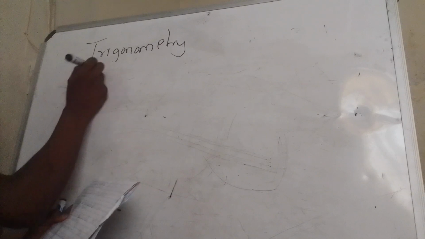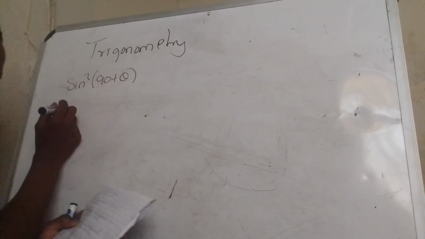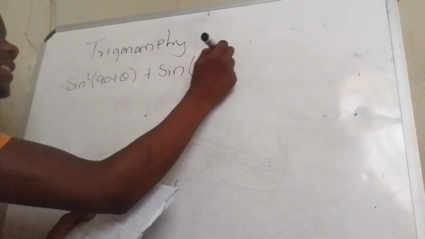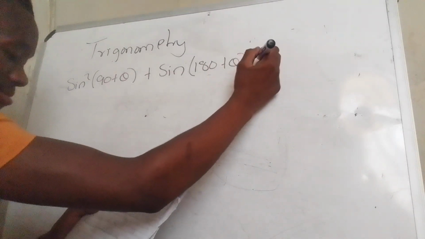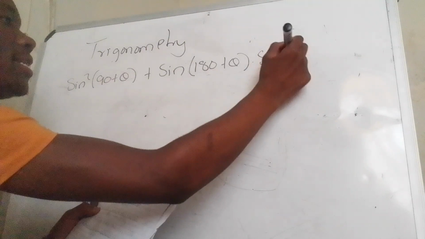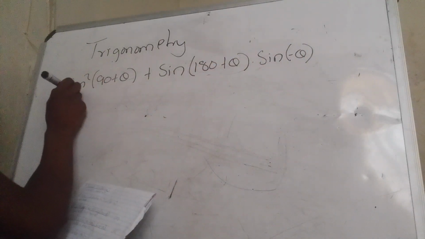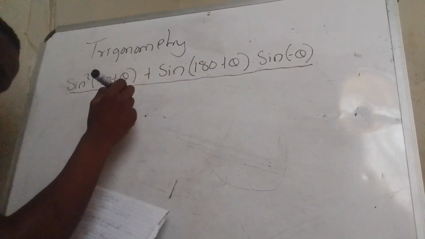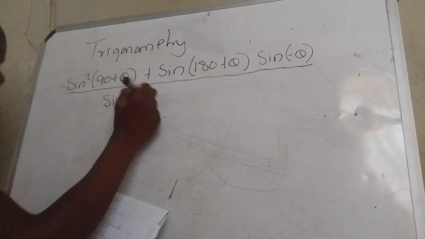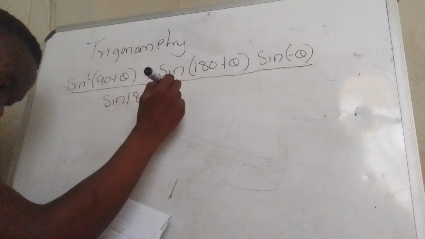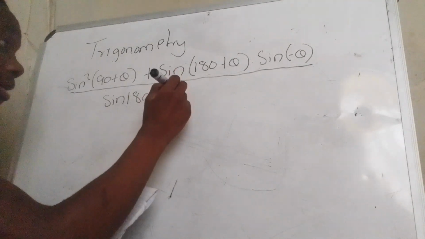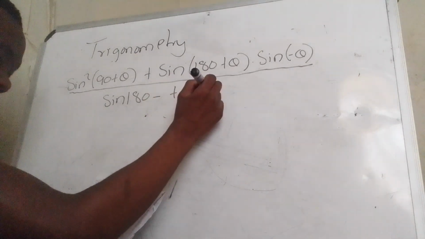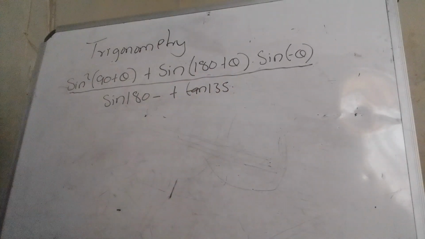Sine squared of (90 plus theta) plus sine of (180 plus theta) times sine of negative theta, all over sine of 180 minus tan of 135, with intention.